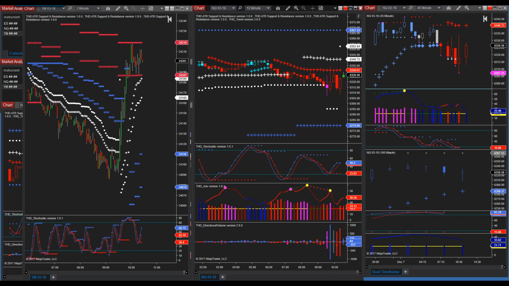It really all works together, but this one will make it easier if you are new or you don't understand how all of the indicators work together. This will make it a little bit easier for you. Do y'all have any questions at all?